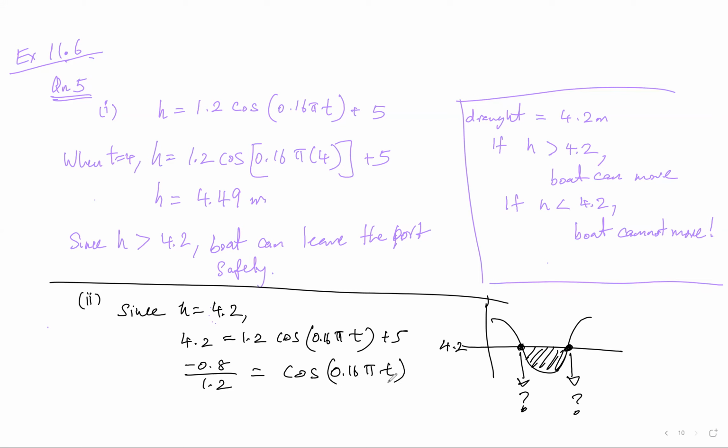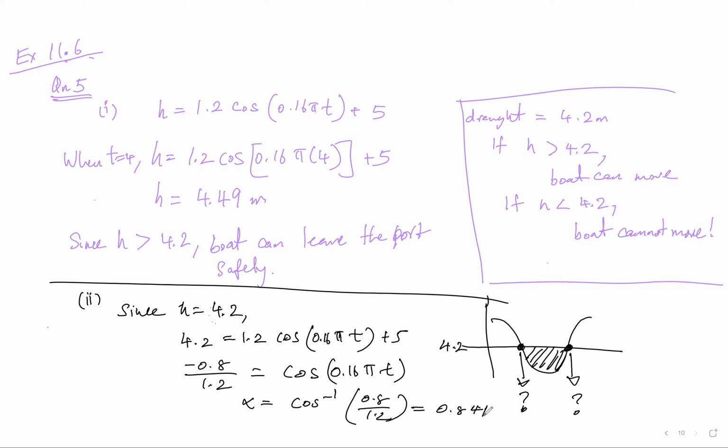Okay. And you need to find, because this is you have to use radian, so alpha. Okay, so alpha will be equal to cosine inverse 0.8 over 1.2. Don't put in the negative sign. So this should give you about 0.841. This is alpha.